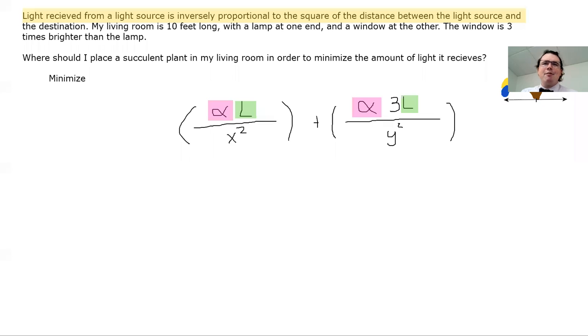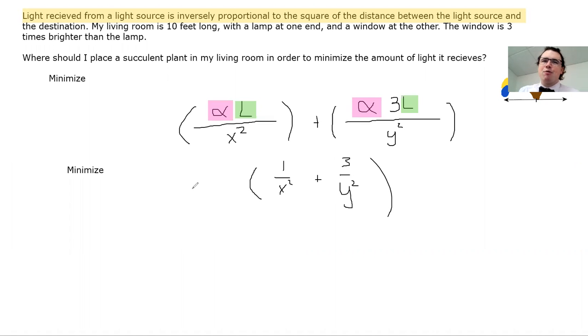So instead of minimizing this formula, how about I minimize just the formula 1 divided by x squared plus 3 divided by y squared.